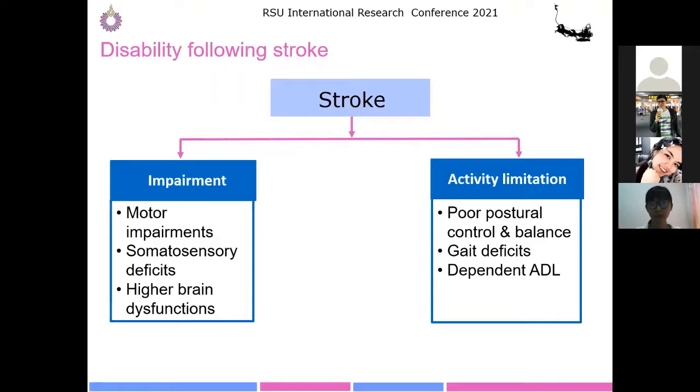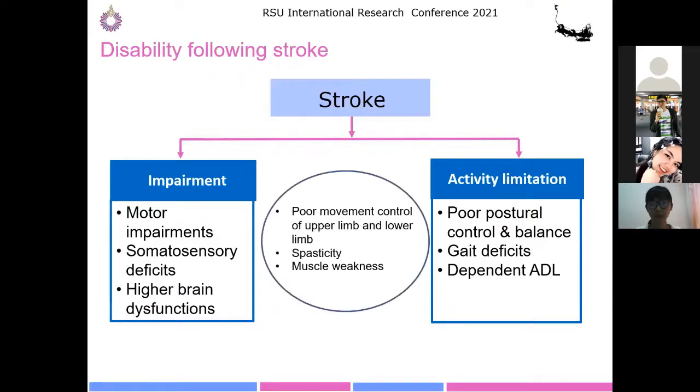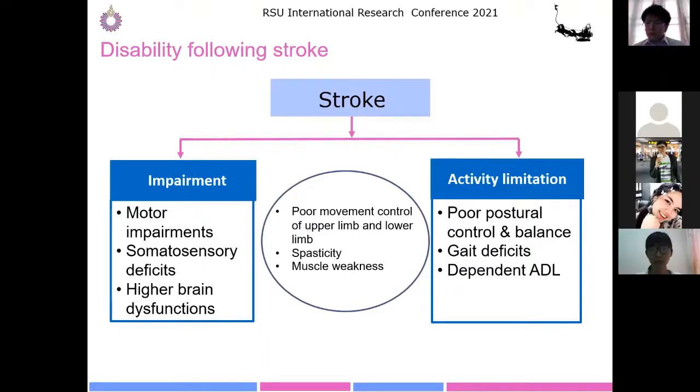Among impairments after stroke, motor deficits were a significant problem that includes poor movement control of the upper limb and lower limb on one side and increased muscle tone or spasticity. Moreover, prolonged reduced movement of the extremity was a cause of muscle weakness in stroke patients.